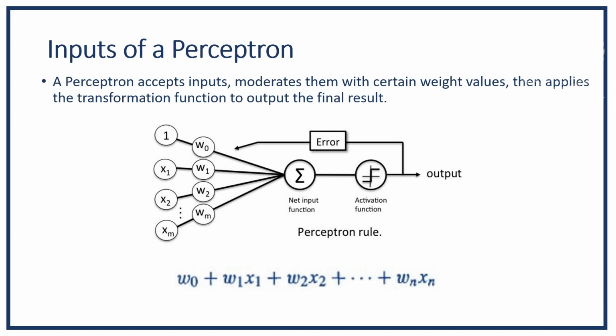A perceptron accepts inputs, moderates them with certain weight values, then applies the transformation function to output the final result. The image here shows a perceptron with a Boolean output.